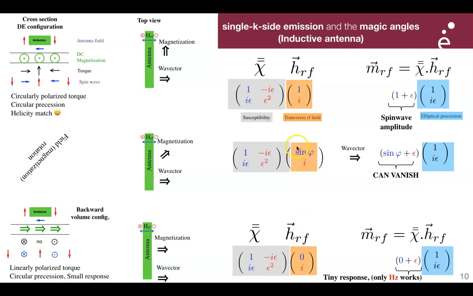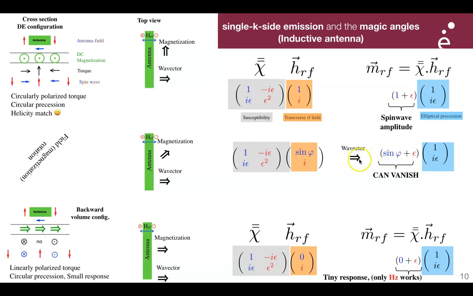So if you calculate the RF magnetization, you will have an amplitude and still a precession of the magnetization. But you can see that if you select in a clever manner the angle of the magnetization with respect to the antenna, the amplitude of the response can vanish.